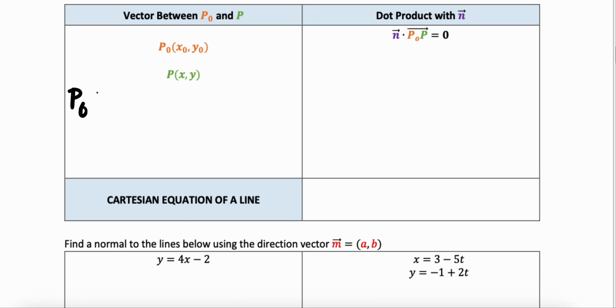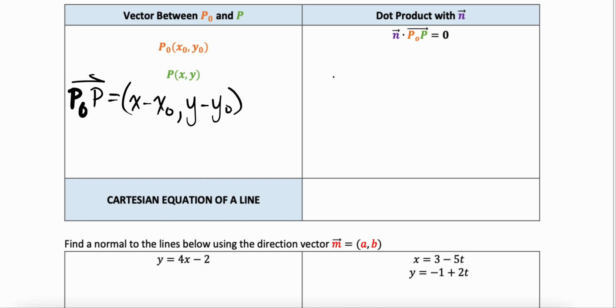So P0 to P is going to be x minus x0 and then y minus y0. That's going to be the vector coordinates for the vector between those two points.